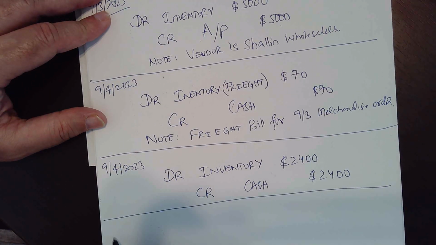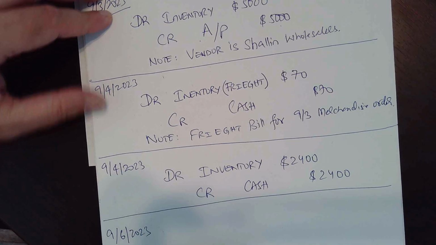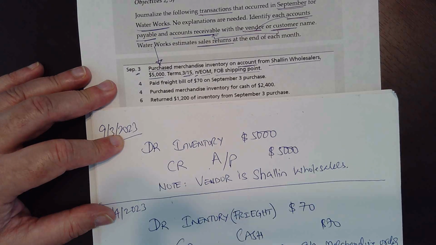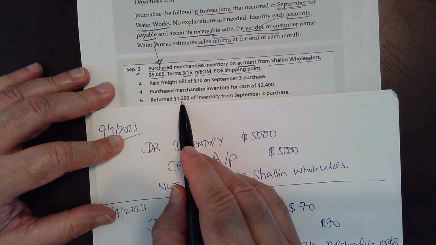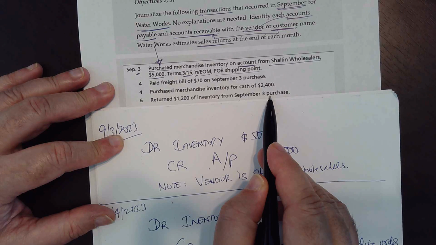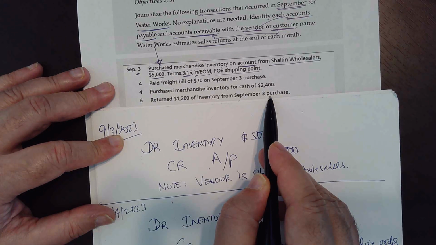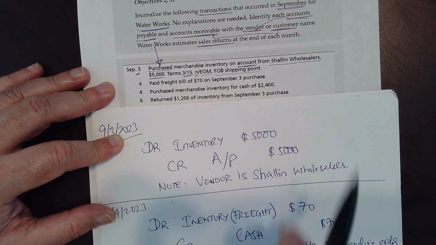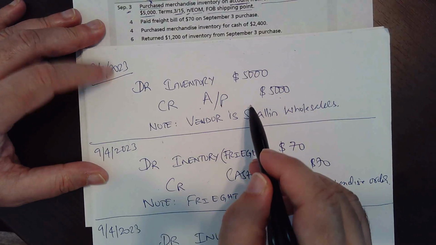All right, now we are on September 6, and we have another transaction. It says return $1,200 inventory from September 3rd purchase. So we have returned $1,200 of the inventory that we purchased on September 3rd.